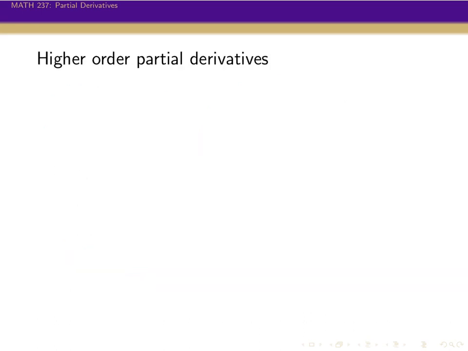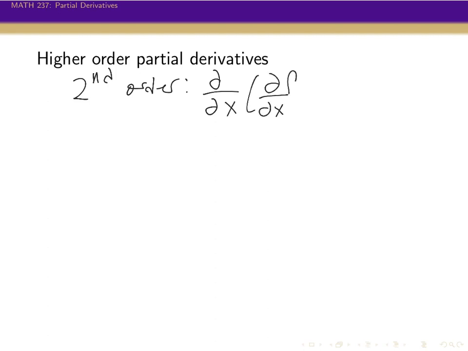Okay. And so we saw that when we took these partial derivatives, we get new functions with two variables, and so there's nothing stopping us from taking more and more partial derivatives. And so our second order partial derivatives, well, you could take the partial of x of the partial of x again. So this is two partials in terms of x.